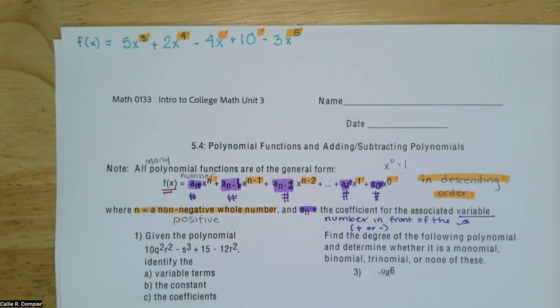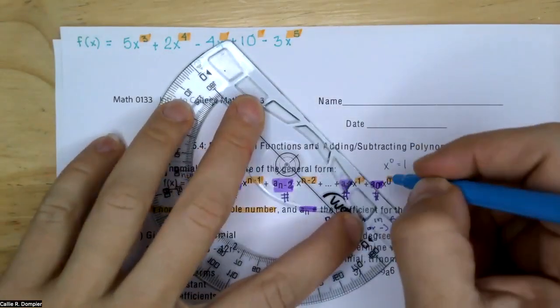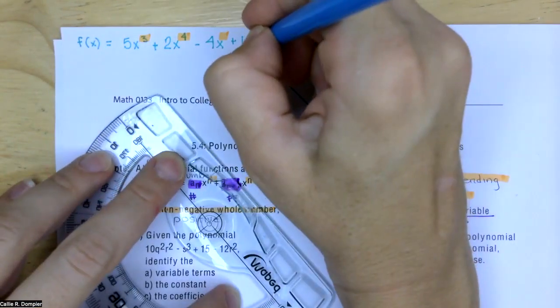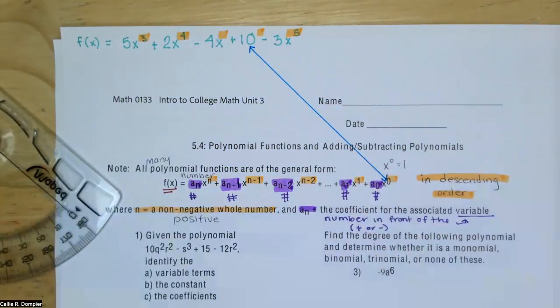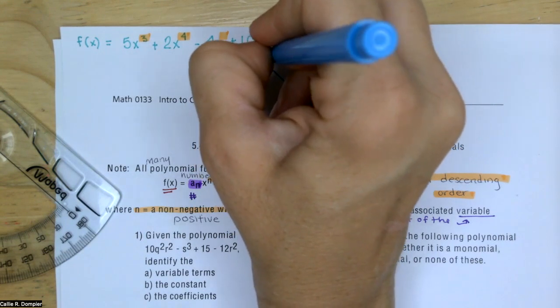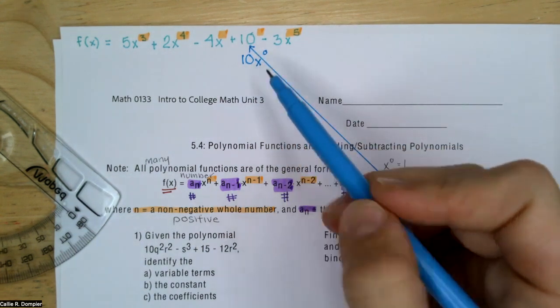Why did I highlight above the 4x and the 10? Because I want you to see that we said x to the power of 0 is 1. So what I'm saying is +10 alone, just the number +10, is the same as 10 times x to the power of 0, because we remember x to the power of 0 is 1, and 10 times 1 is 10.